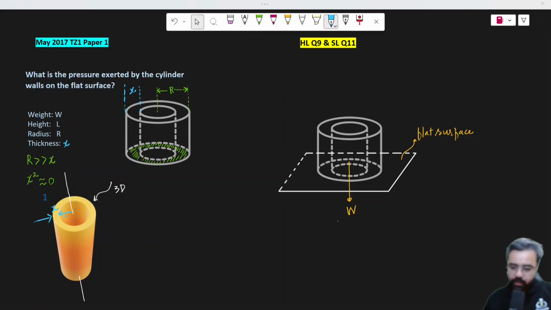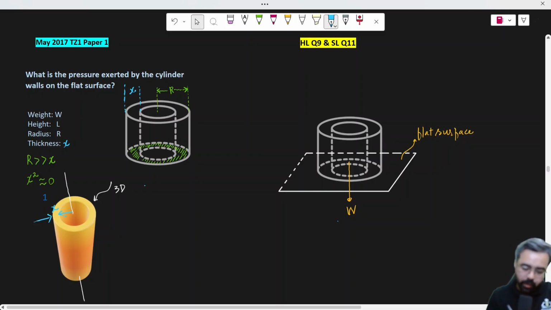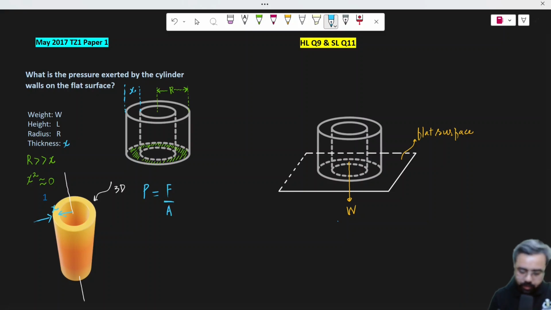So how can we... okay, let's see. We want to find out the pressure, and the pressure is always equal to the force, normal force per unit area. So the force here is the weight W over area A. So area is basically the area of that part of the cylinder which is making contact. So why not find the complete area of this thing?